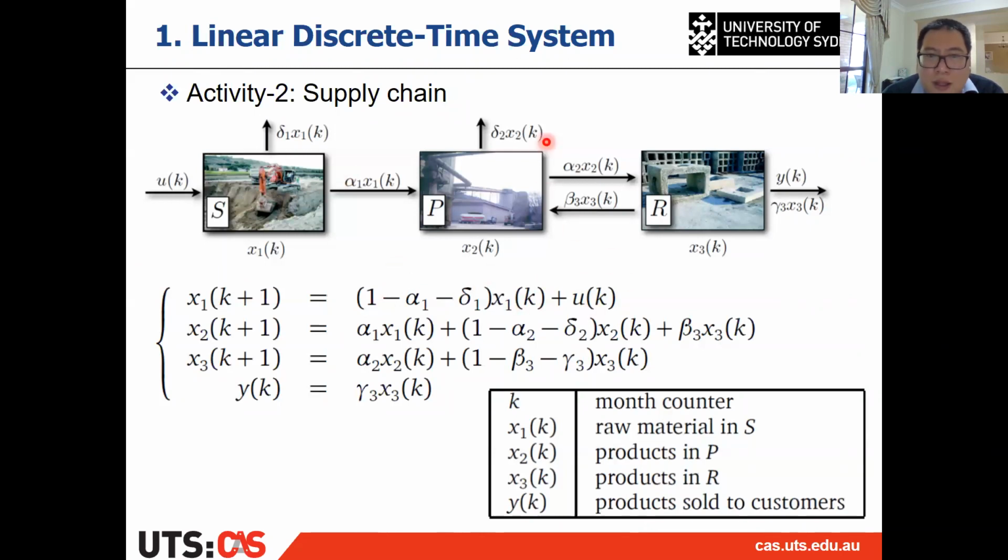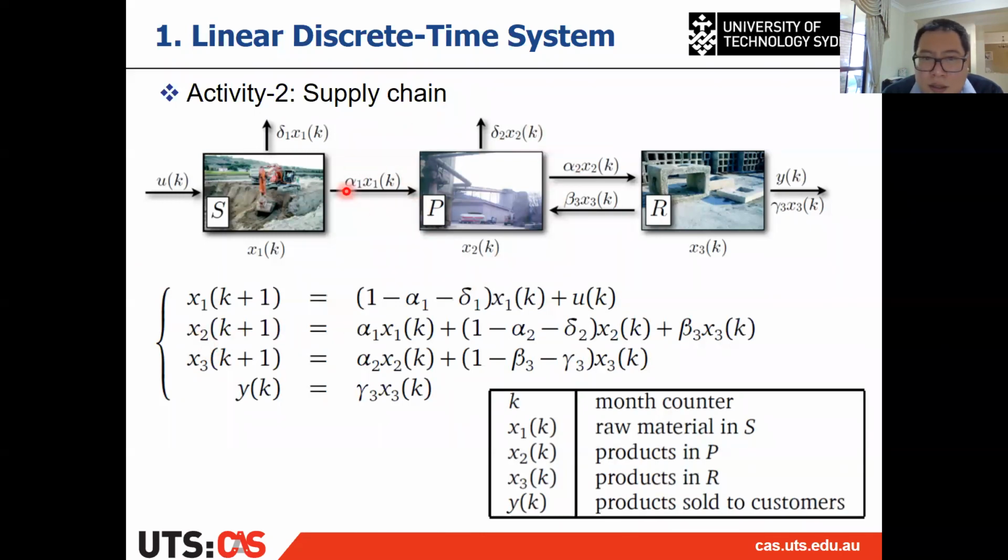And for the second one, if you look at this figure, it is quite clear that the products in P, which is x2, in the next month, which is the k plus 1 month, is equal to several terms.